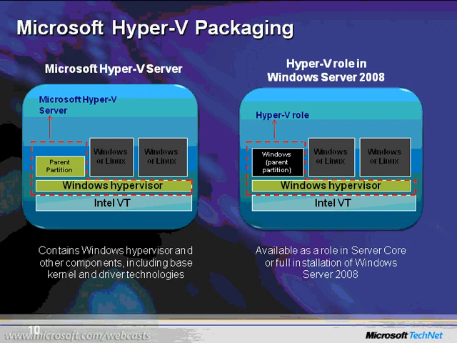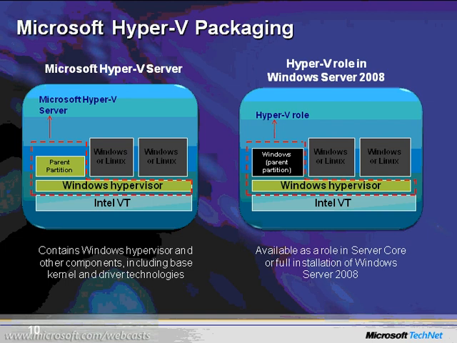We can buy Microsoft Hyper-V Server, which is this prepackaged version of the Windows operating system streamlined for Hyper-V without any of the other Windows network service support built into it, or we can install Hyper-V as a role on top of a mainstream 64-bit edition of the Windows Server 2008 operating system, standard, enterprise, or data center.